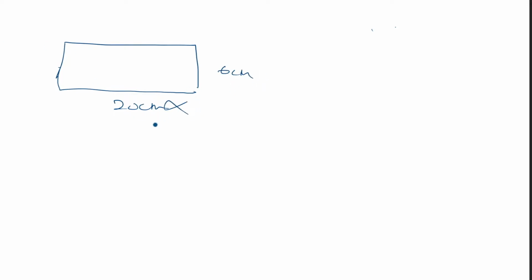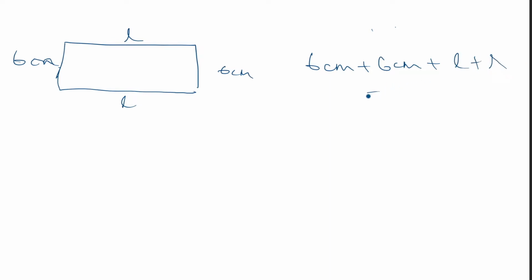Wrong, because here it says perimeter. What is the meaning of perimeter? Which means that here I don't know what this is, so let's say I put L here. I know here is 6 centimeters and then here is 6 centimeters. Perimeter is 6 centimeters plus 6 centimeters plus 2L equals the perimeter. It is this whole thing here.